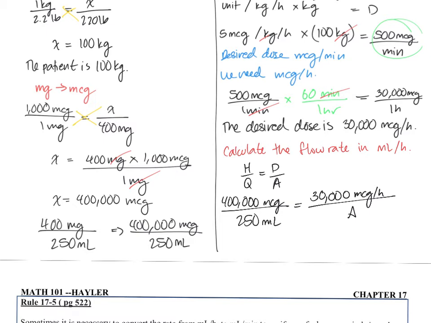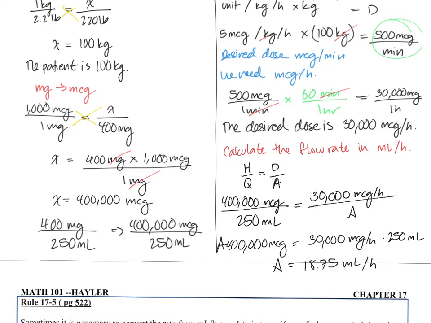Cross-multiplying, 400,000 micrograms times A equals 30,000 micrograms per hour times 250 milliliters. Simplifying that, we get A equals 18.75 milliliters per hour, which is the flow rate.